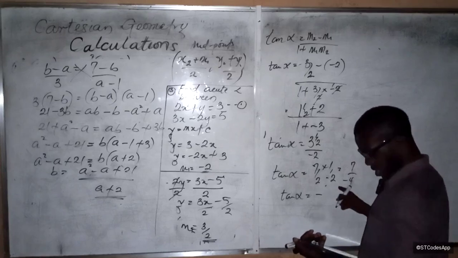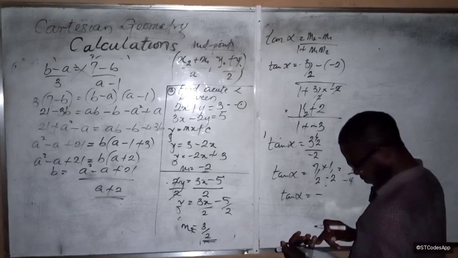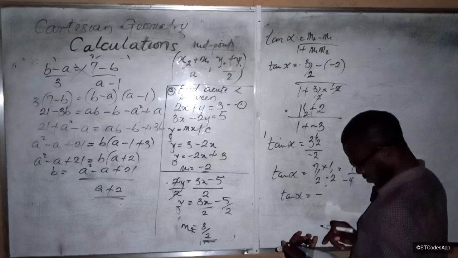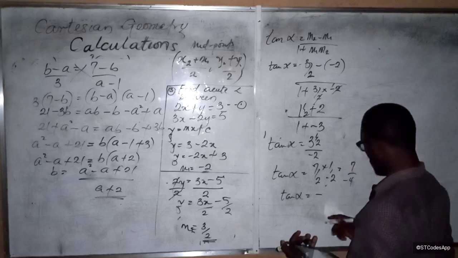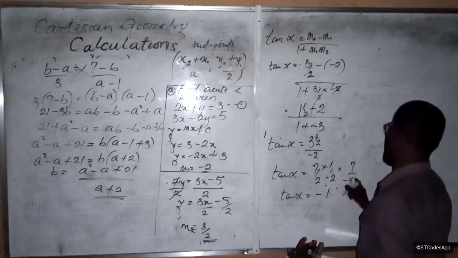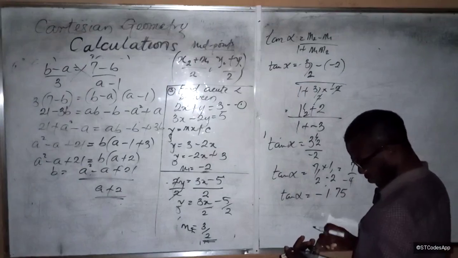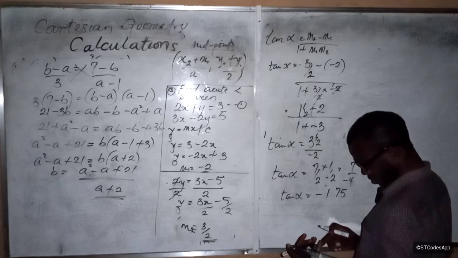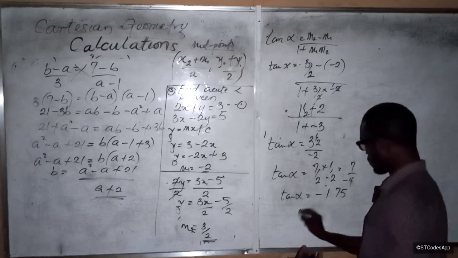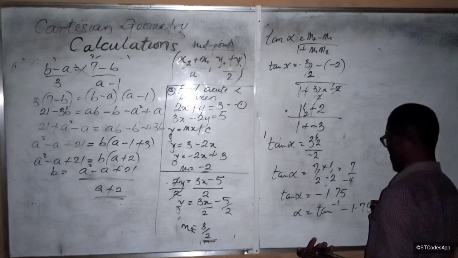So we have 7 divided by 4, that's 1.75. So I'm looking for tan now. So alpha will be equal to the tan inverse of minus 1.75.